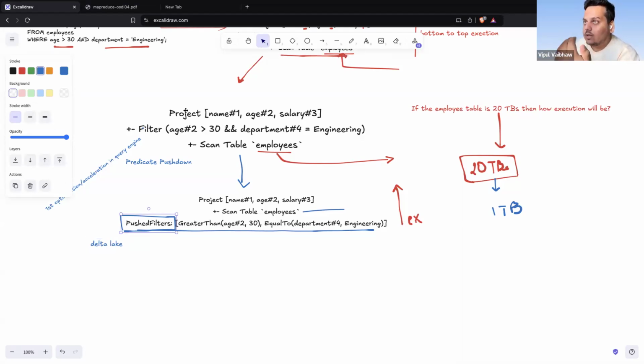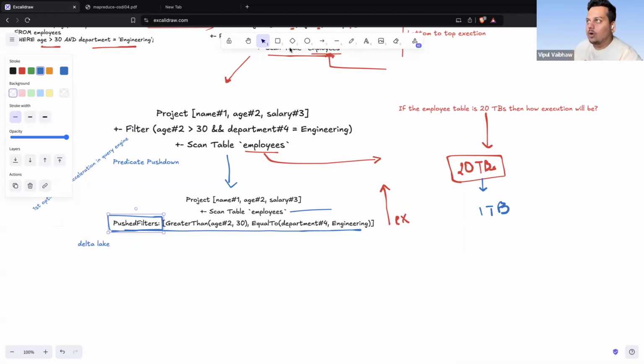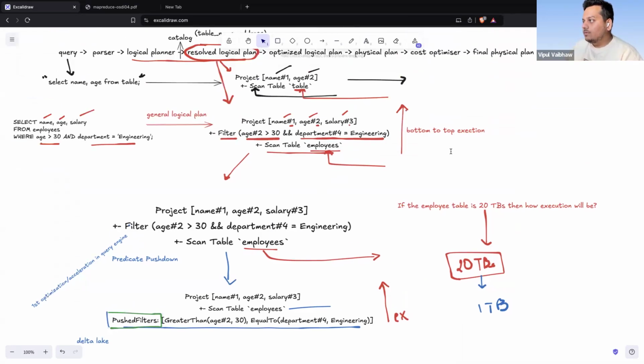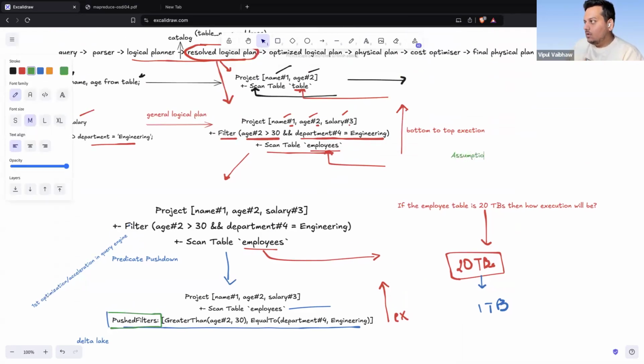Also, you need to make sure that your files are optimized. So one optimization which I'm not going to talk about is columnar. Columnar is important. So all of today's discussion assumes that the storage is going to be columnar.